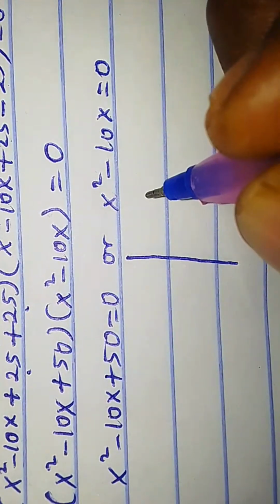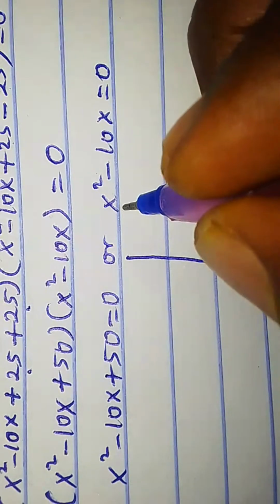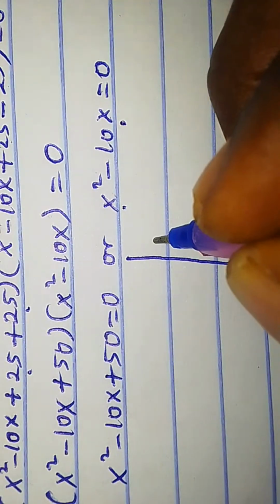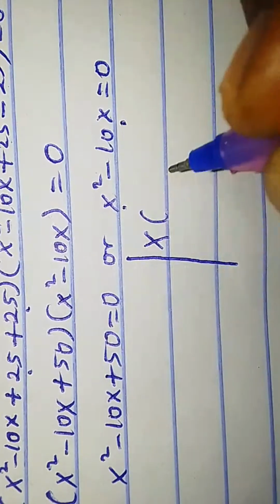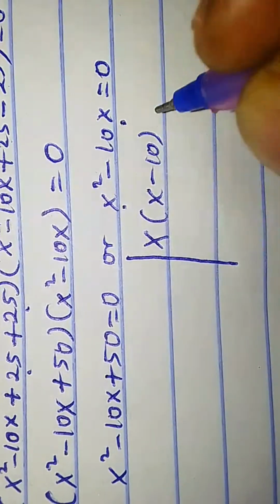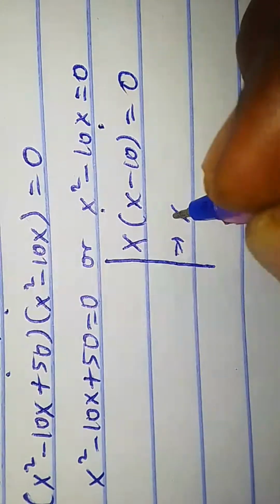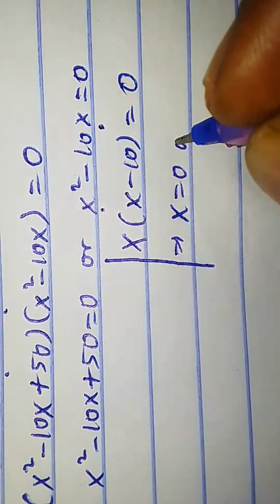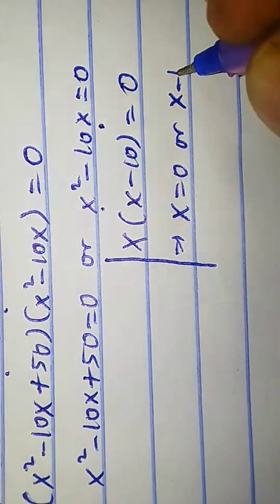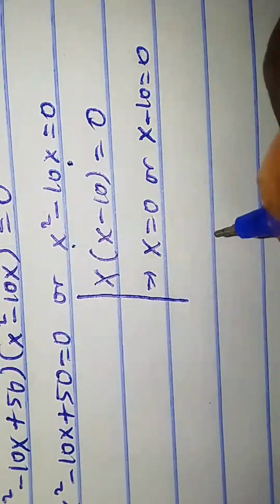You will see that we can factor out x. So if we factor out x, we have x(x − 10) = 0. This implies that x = 0, or x − 10 = 0.